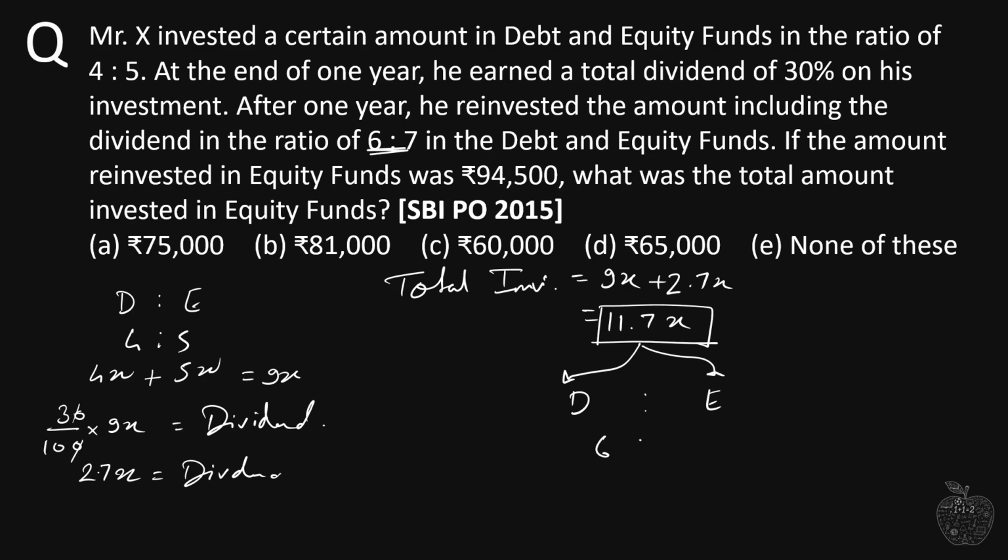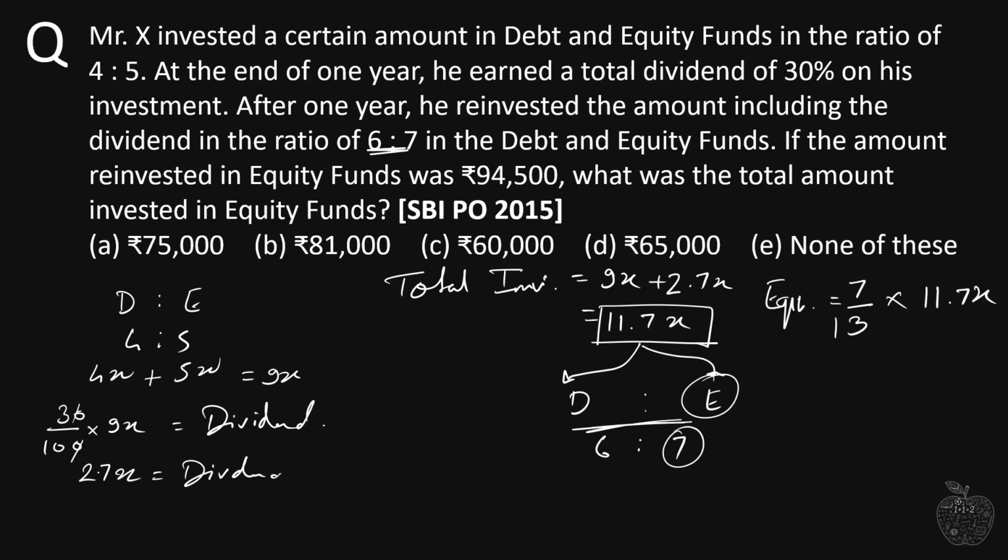Now he divides this total investment of 11.7x in debt and equity funds in the ratio 6:7. Now if the amount reinvested in equity funds was 94,500, so in equity funds, he reinvested 7 parts out of the total 13 parts from this total investment, which is 11.7x.